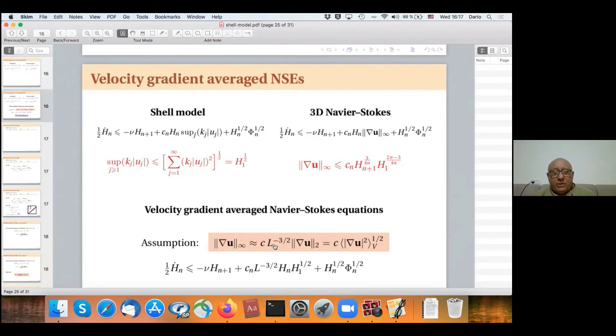Leray, when he wanted to prove global existence for 3D Navier-Stokes, he looked at the Navier-Stokes and he did a convolution with the transport part of the velocity, which is smoother, which will allow you to get estimates of this type, supremum that you have. But then they depend on the regularization. So you can regularize with some kernel.